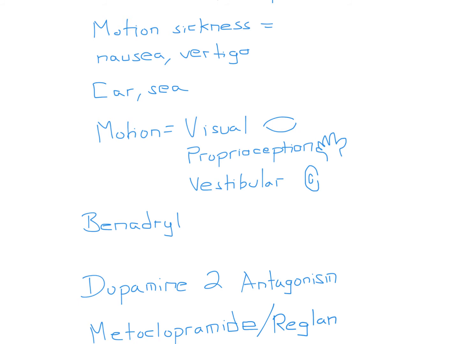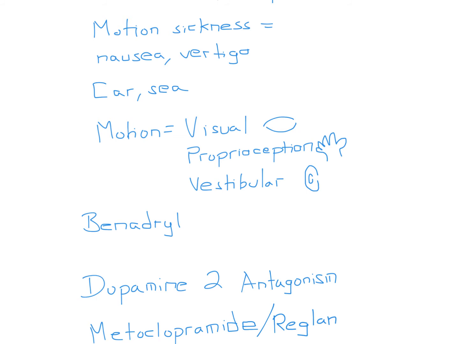And the final one is the vestibular system. For this system, essentially when you close your eyes and you're trying to balance, this is what's helping you balance, and it's processed through the otoliths in your ear, in your vestibular system.